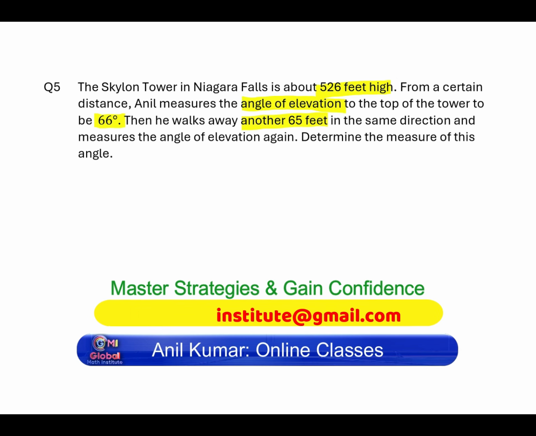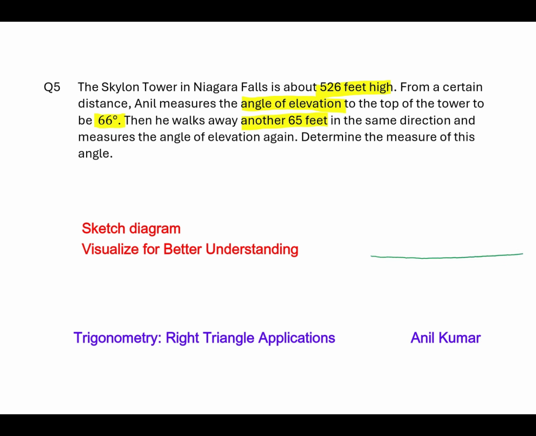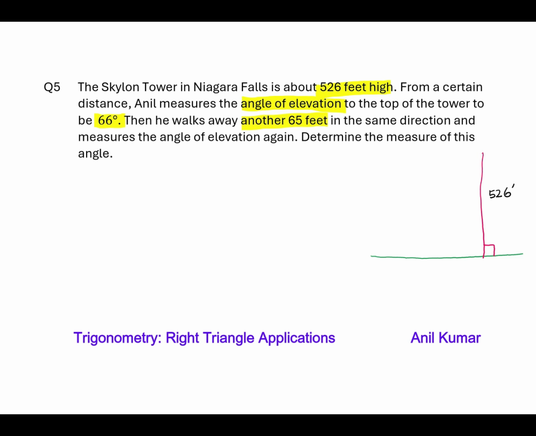So we need to find the angle of elevation measured the second time when Anil walks 65 feet away from his original position. So let us first sketch a diagram to understand this situation. So let's say this is the ground and the tower, which is 526 feet, is shown here. It will be assumed to be at 90 degrees. Height of this tower is 526 feet.